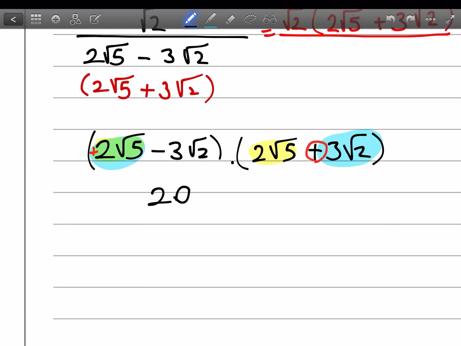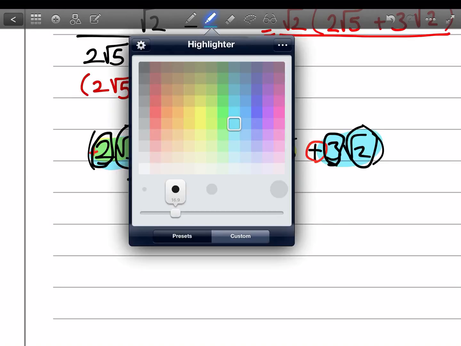And we also apply the same procedure. Numbers first. 2 times 3 is 6. And root 5 times root 2 is root 10. And we have a positive sign.